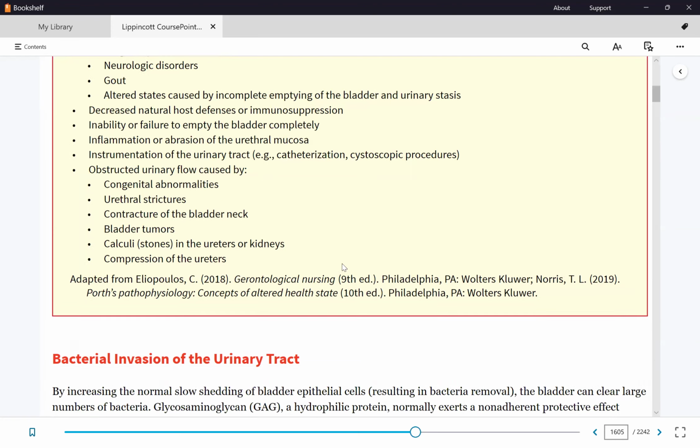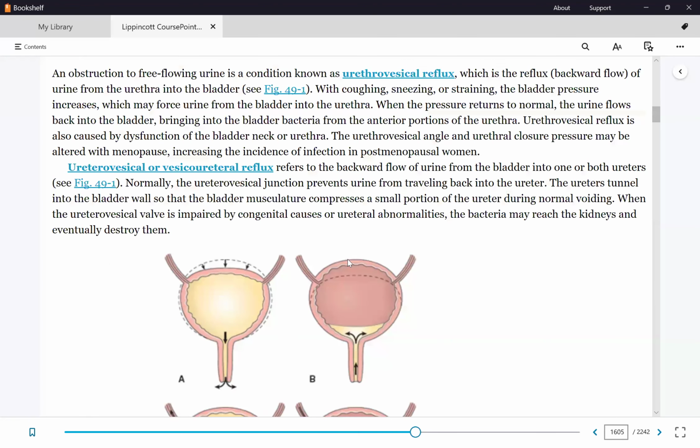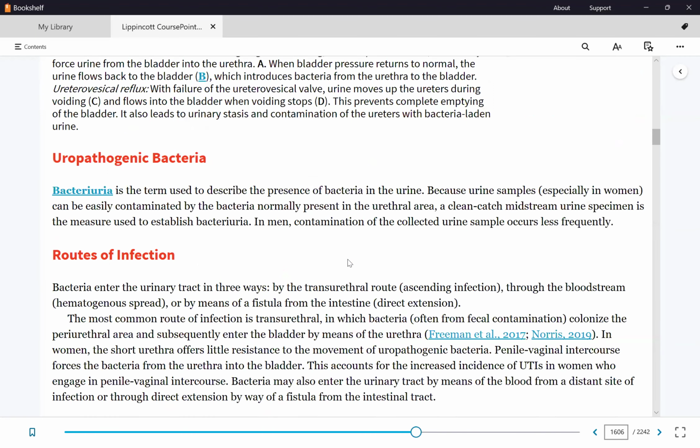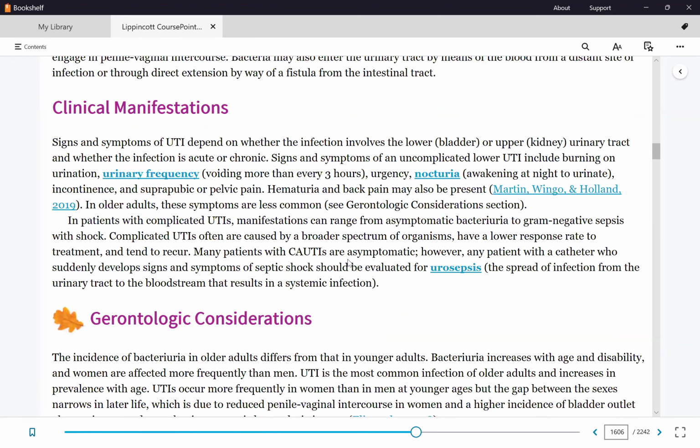All right, so I'll go straight to the manifestations. We don't need to know the technicalities. All right, so here are your signs and symptoms. For females here, you should be familiar with these already. You know what a UTI feels like. So the most frequent complaint is pain, lower abdominal pain, which is over the bladder.